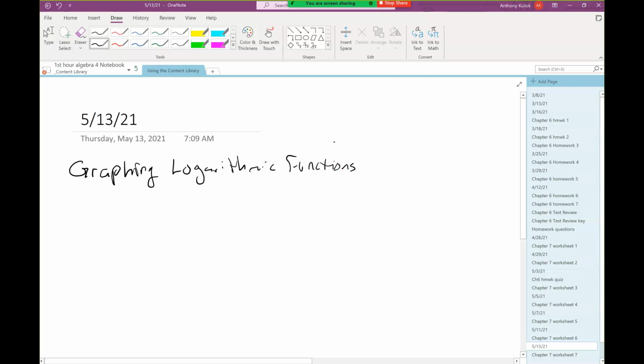So last topic we're going to talk about is graphing logarithmic functions. So our general form for our logarithmic function is y equals a times log base b of x minus h plus k.